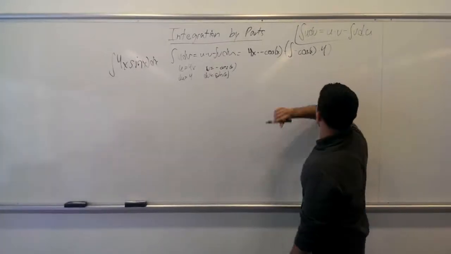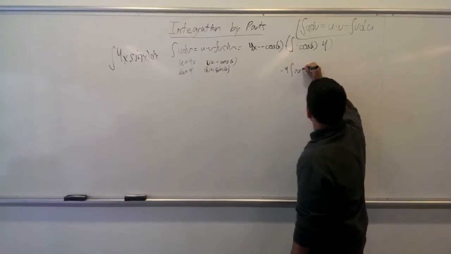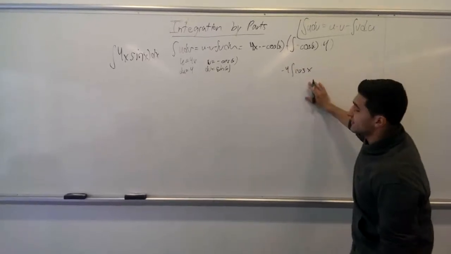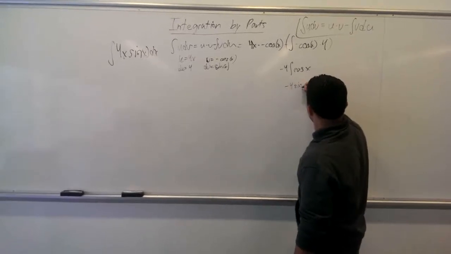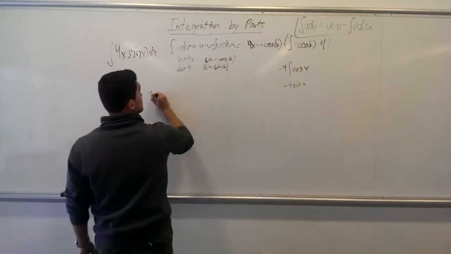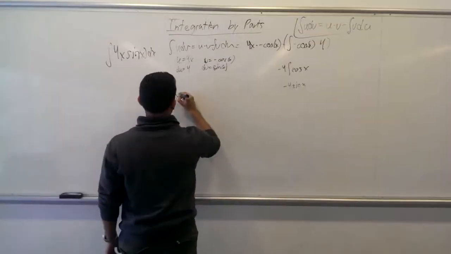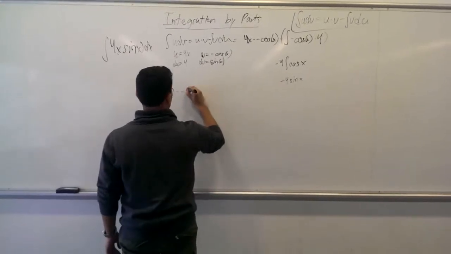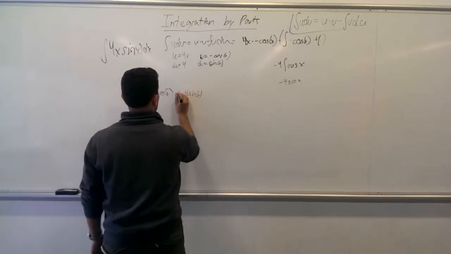So let's forget the rest of this. You're just dealing with the following statement. The integral of cosine is sine. So at the end you get negative sine of x. You plug this in. You get 4x times negative cosine of x minus 4 sine of x. You can just put these together, you get plus.